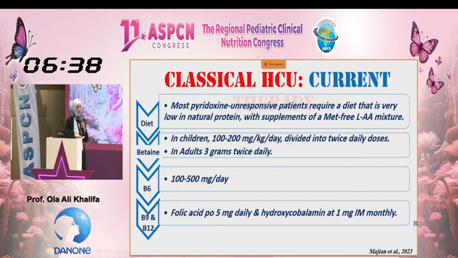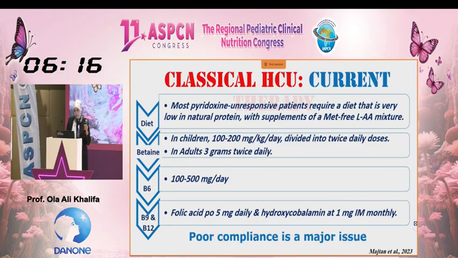In children, usually start at 50 milligram per kg, then it is titrated on a weekly basis up to 200 milligram per kg per day, divided in 2 doses, and for adults 3 grams twice daily, and B6 100 up to 500 milligram per day for adults. Also folic acid 5 milligram daily, and hydroxocobalamin 1 milligram intramuscularly monthly.